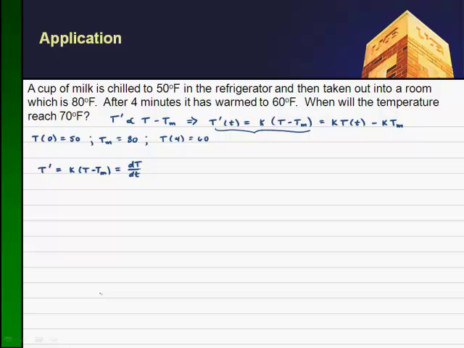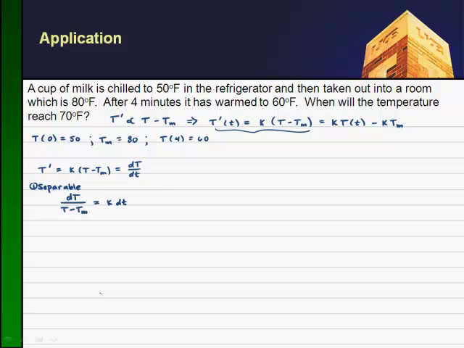Then I could divide by T minus Tm and multiply both sides by dt, and treat this as a separable problem. So dT over T minus Tm is equal to k dt, still subject to the same conditions.